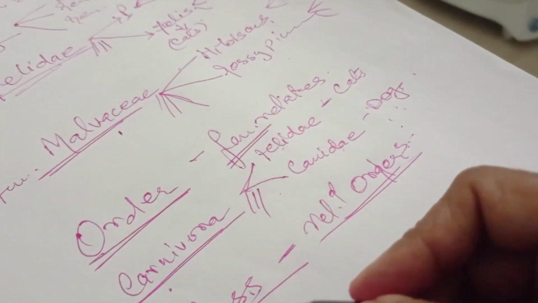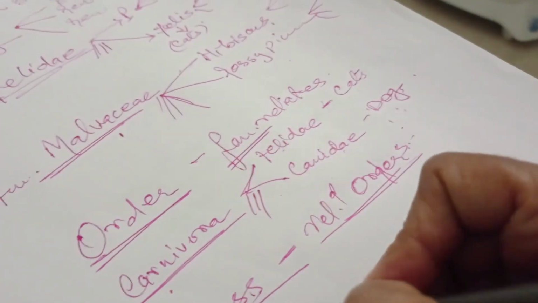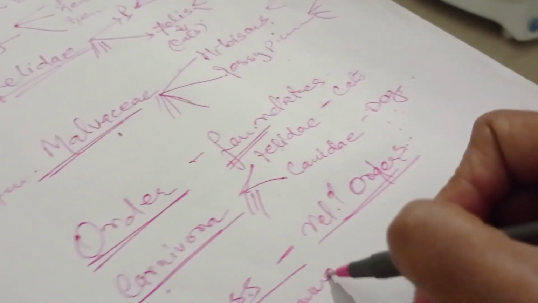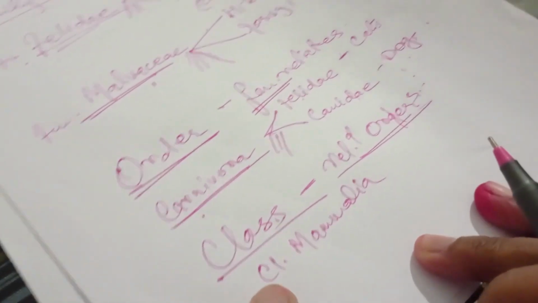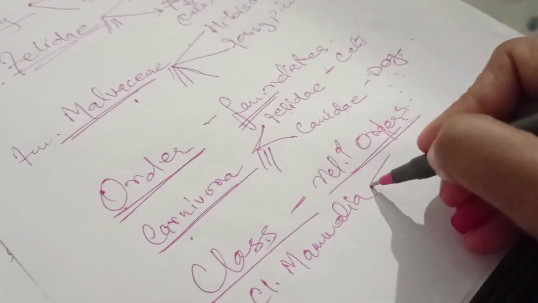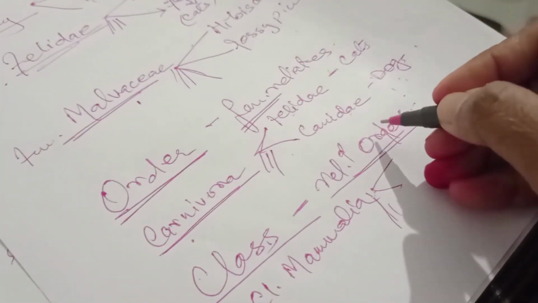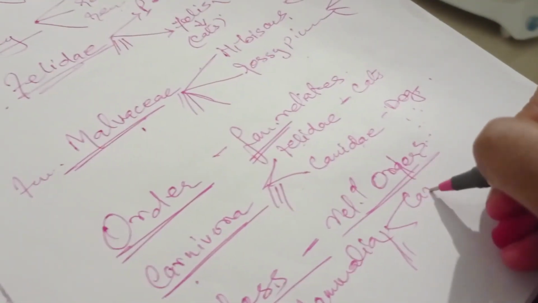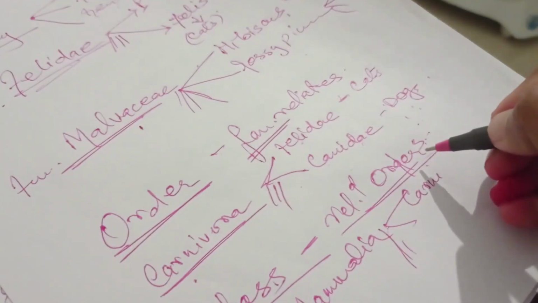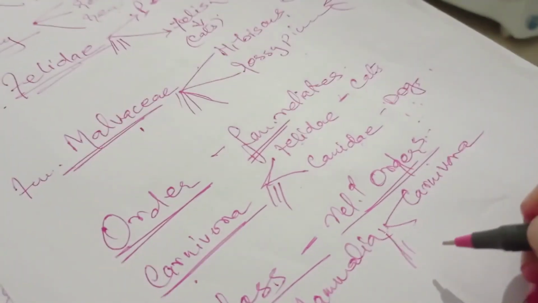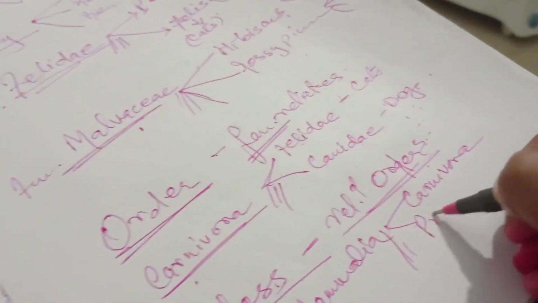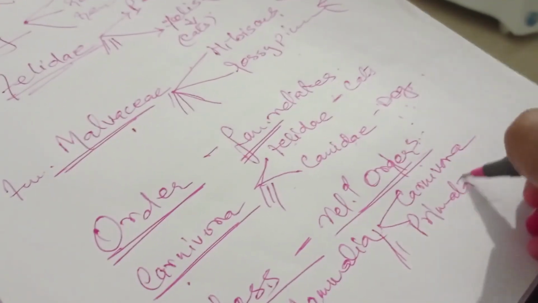For example, in animals there is a class Mammalia. Class Mammalia includes many orders. One is Carnivora, as I said earlier. Another is Primata. And there are many more.